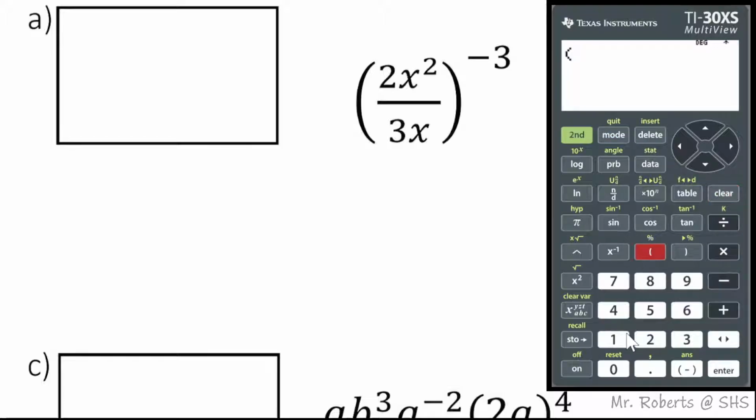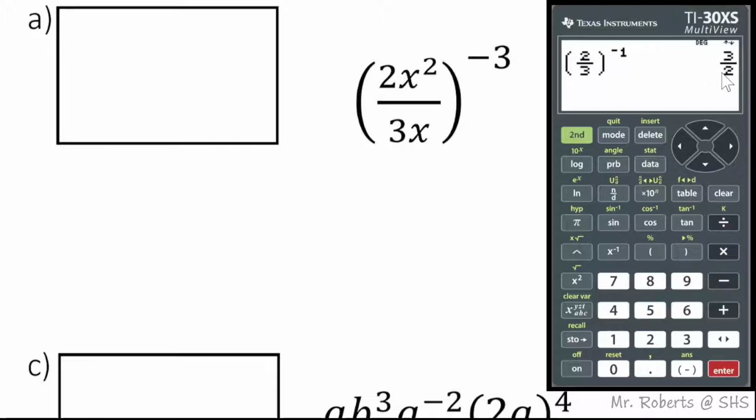If I take 2/3, and I raise that to the power of negative 1, when I raise a fraction to a negative power, notice what happens. All of a sudden, instead of 2/3, it became the reciprocal of it.